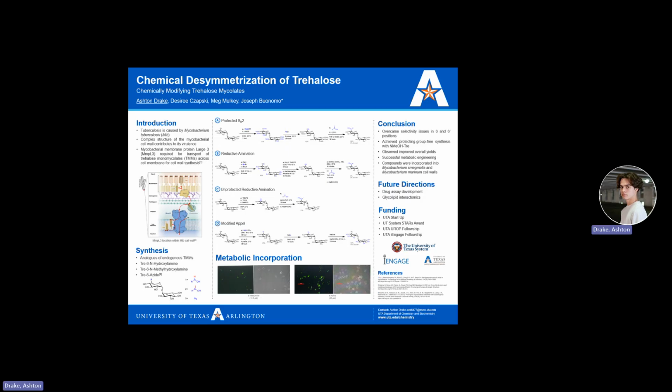We also were able to achieve a protecting group free synthesis for the N-methyl hydroxylamine analog. And equally as important, all three of these analogs were successful in metabolic incorporation, which is imaged in the center bottom.